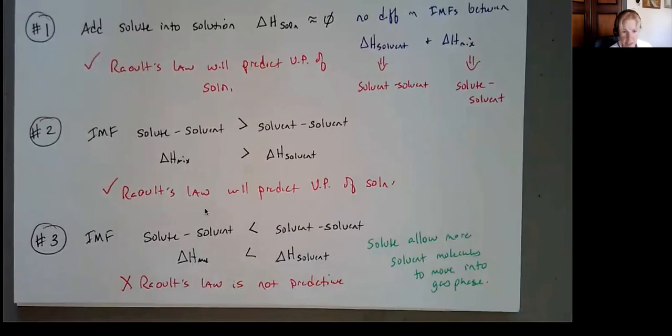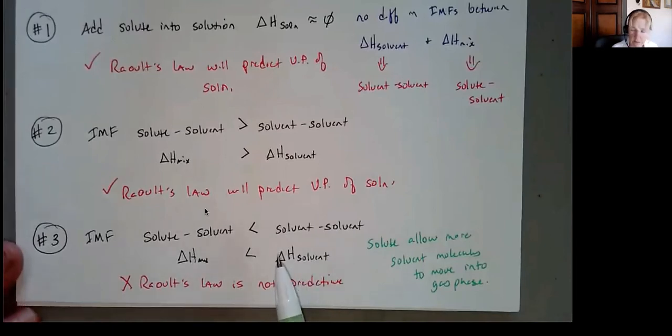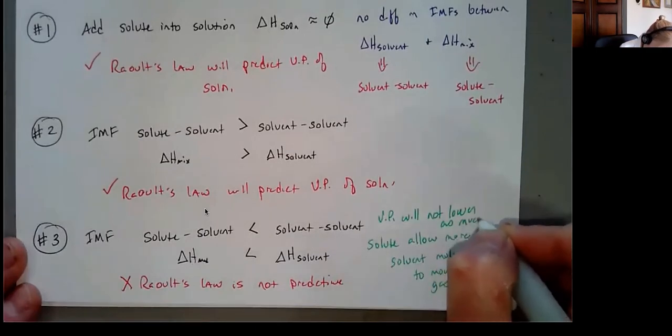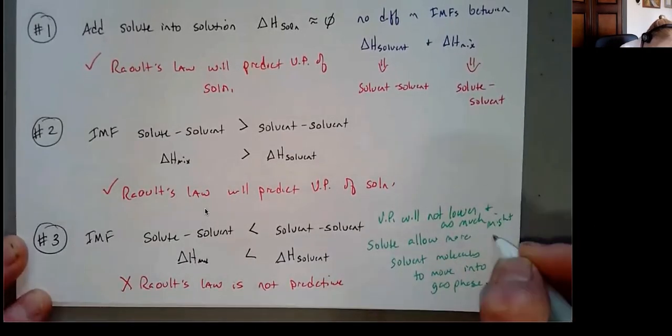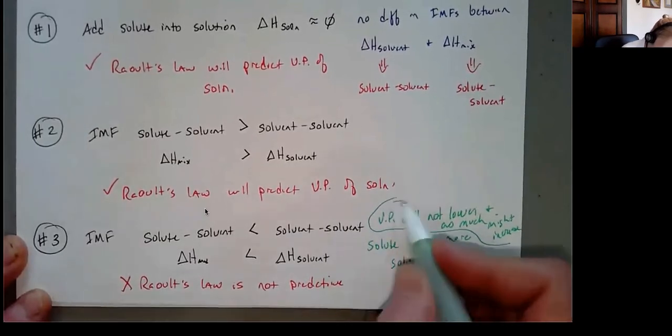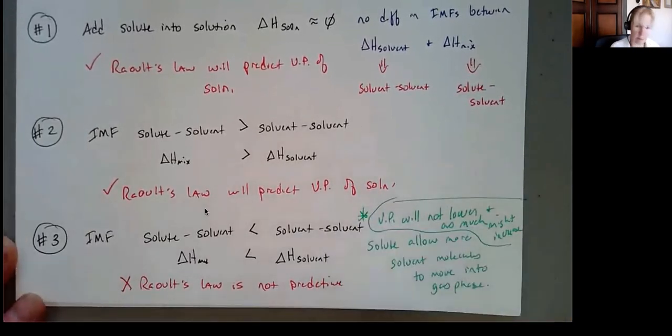And in that case, Raoult's law is not going to be predictive because I'm not going to see as great of a decrease in vapor pressure as what I would expect. So my vapor pressure will not lower as much, and it might actually increase. So this is going to be a scenario where Raoult's law is not going to be predictive.